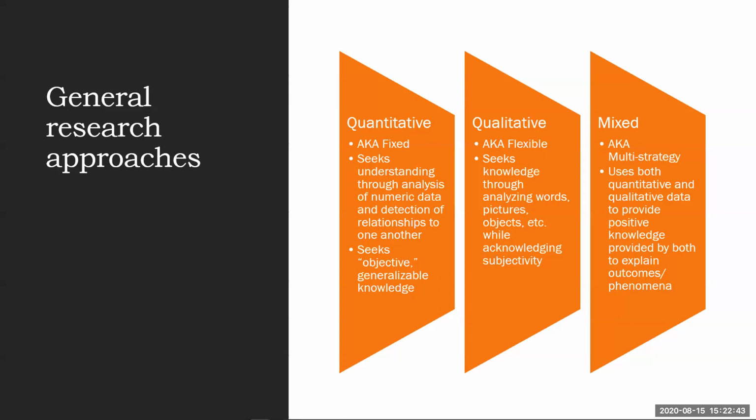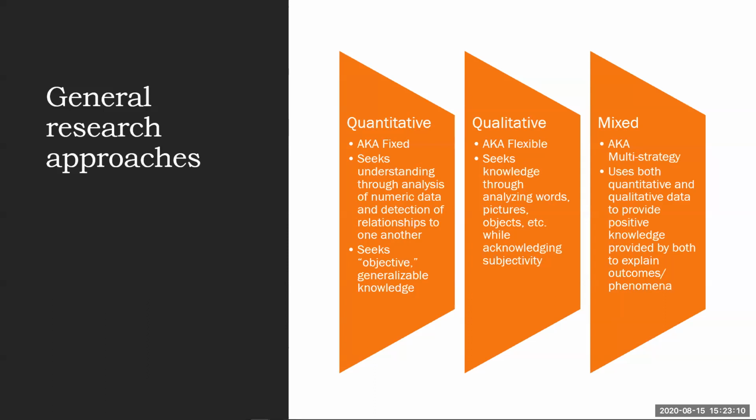Now from there, there are three basic general research approaches that we use in our field. The first is what many of you are familiar with, which is quantitative, which in the textbook is going to be referred to primarily as fixed. So we try to use data that is in the form of numbers to detect relationships, usually variables.